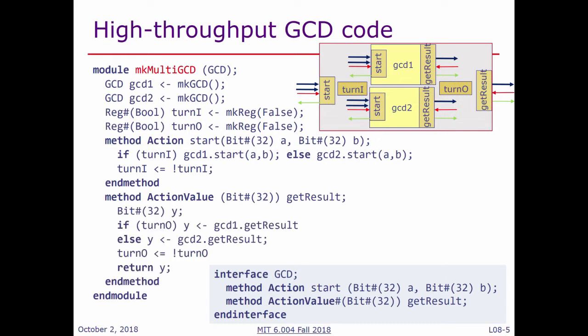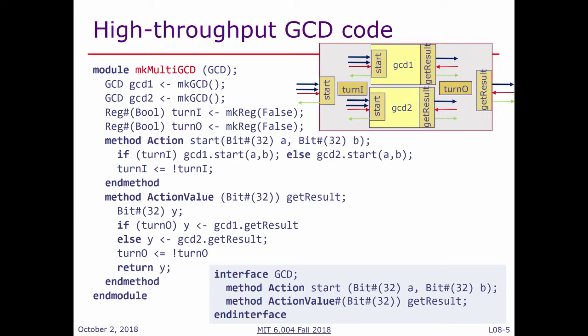What about get result? It returns a 32-bit quantity. If the turn is for the first one, then you go and say get result from that one. Otherwise, you get the result from the other one.